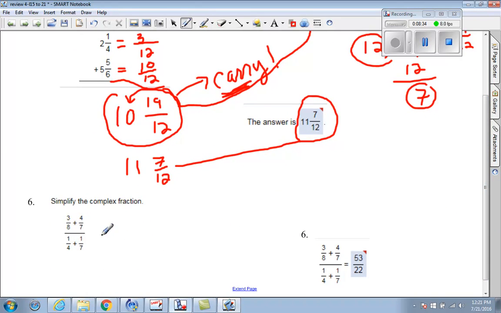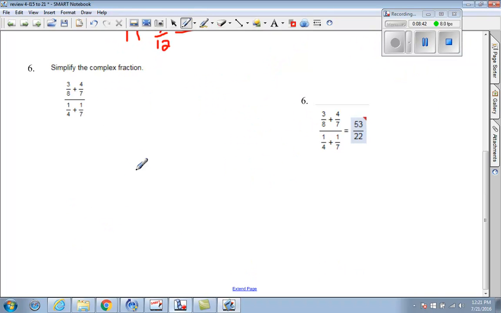Simplify the complex fraction. One way we dealt with that in the notes was to multiply the entire fraction, and I'm going to rewrite it larger here. So 3/8 plus 4/7, and downstairs, we've got 1/4 plus 1/7.